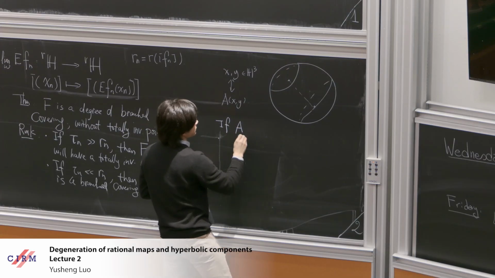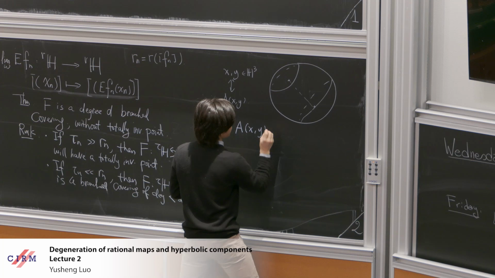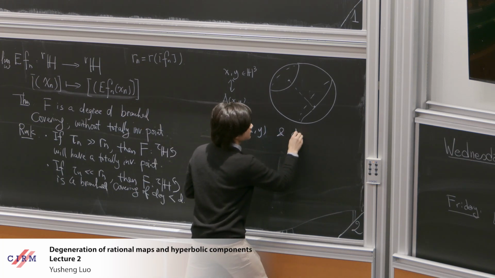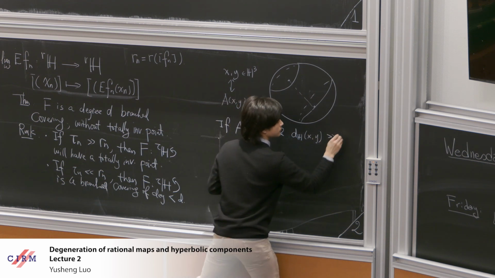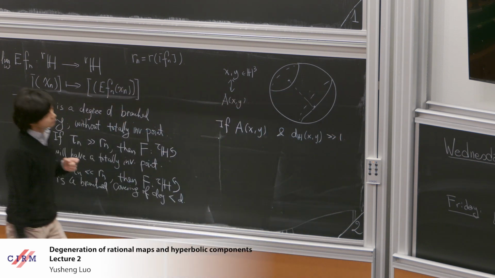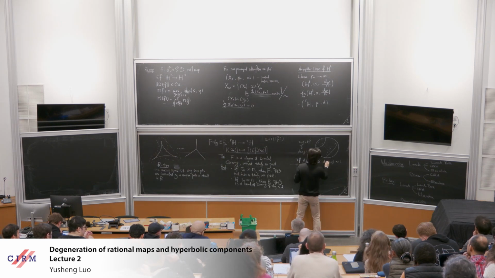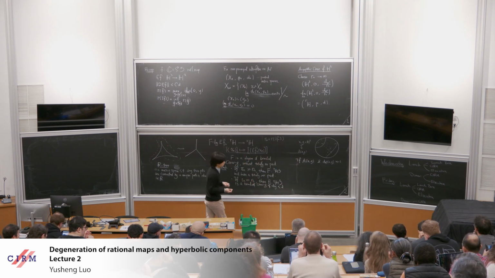Let A of xy be the round annulus associated with 2 points x and y, and suppose the distance between x and y is sufficiently large. So there is some lower bound on the constant that we need to put in here. And then let's consider the preimage of this annulus.